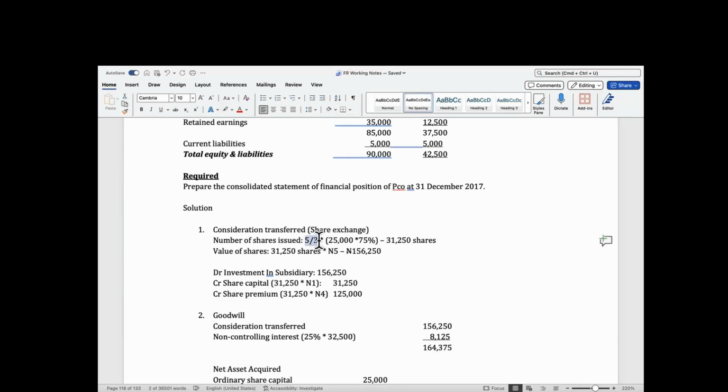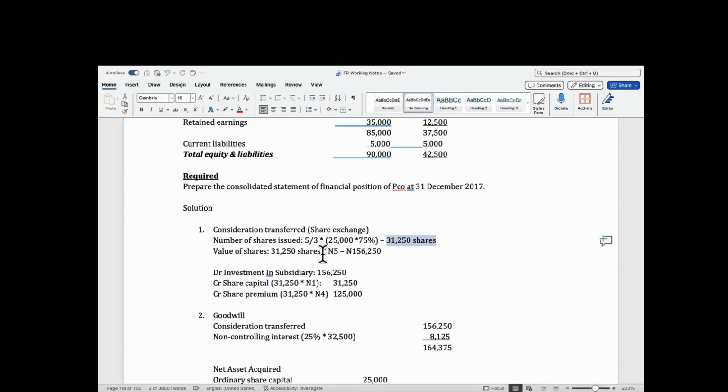So that's where I came about this 5/3. 5 shares for every 3. The shares acquired in the subsidiary are 75% of the number of shares of the subsidiary. So when I do the calculations of that, it gives me 31,250.